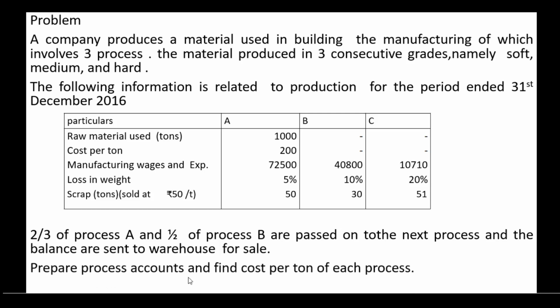Prepare process accounts and find cost per ton of each process. So this is the problem. So here a company produces a material used in building, the manufacturing of which involves three processes.